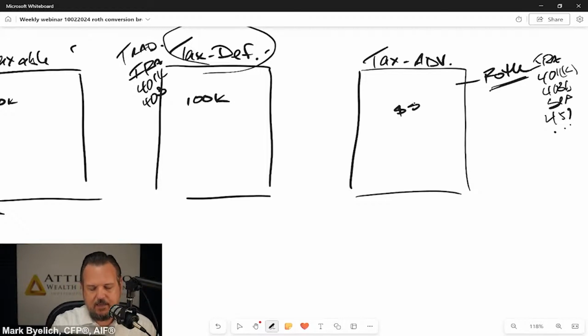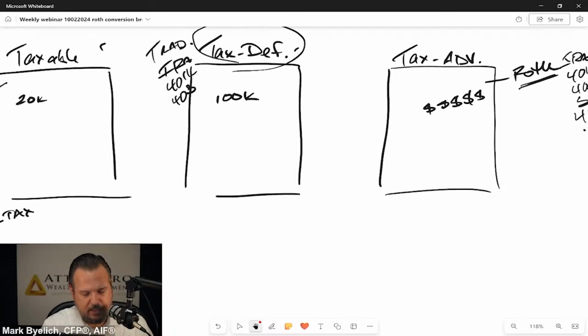And then as that money grows, you don't pay tax on any of that growth or distributions on that growth as long as you meet some qualifications. Really kind of simple qualifications. There's a 5-year rule. We won't get into that today, but a qualified distribution of earnings requires that you be over 59½ and have held a Roth IRA account for more than 5 years.